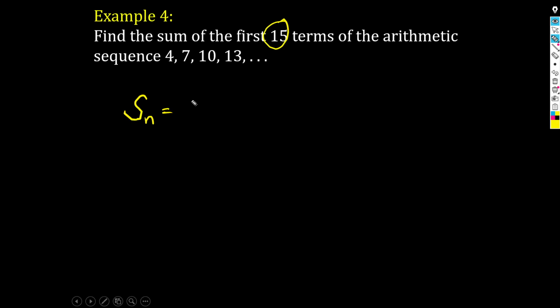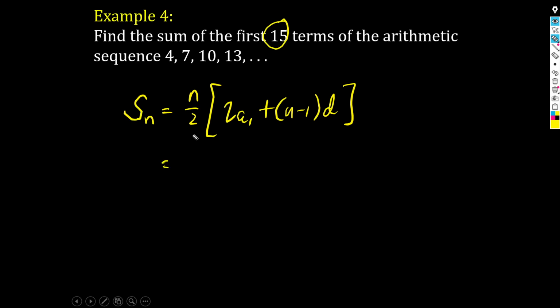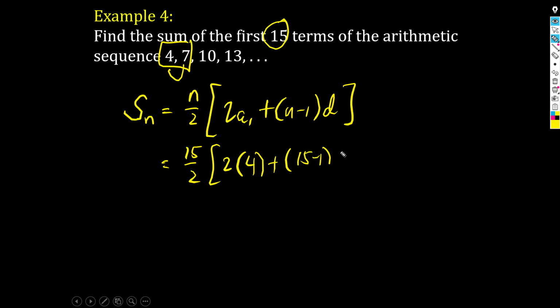So I go S sub n equals n over 2 multiplied by 2 a sub 1 plus n minus 1 times d. So what do I get here? N over 2, 15 terms, so that's 15 over 2, multiplied by 2 times the first term, 4, plus n is 15, so 15 minus 1 times the common difference. 7 minus 4 is 3.